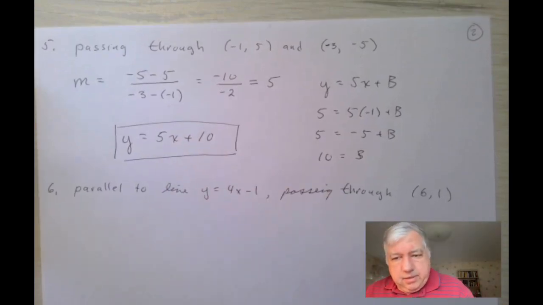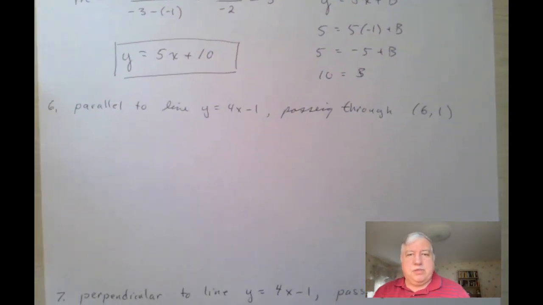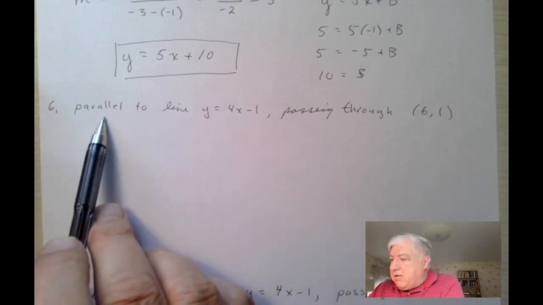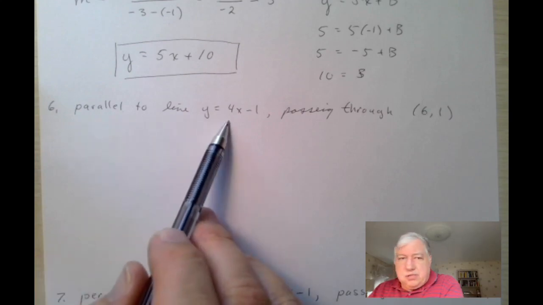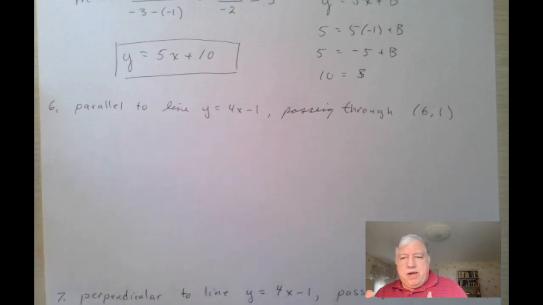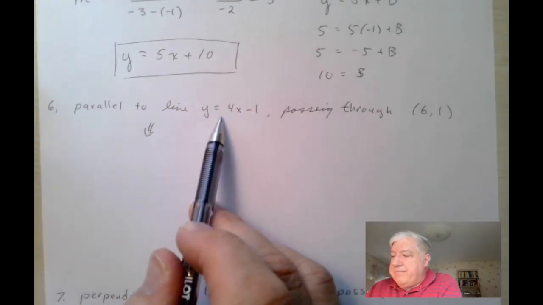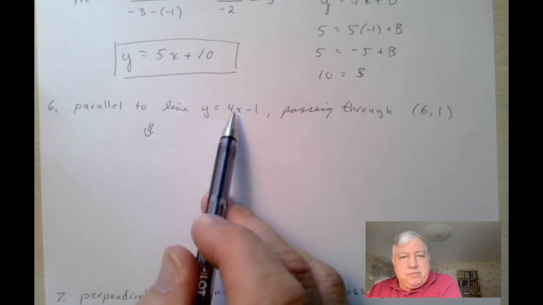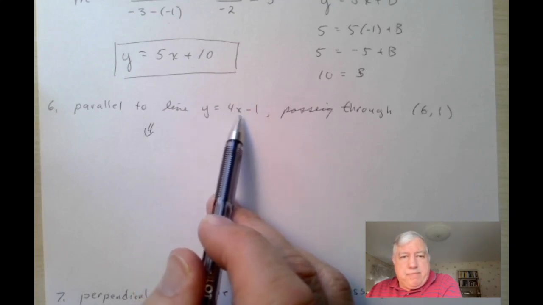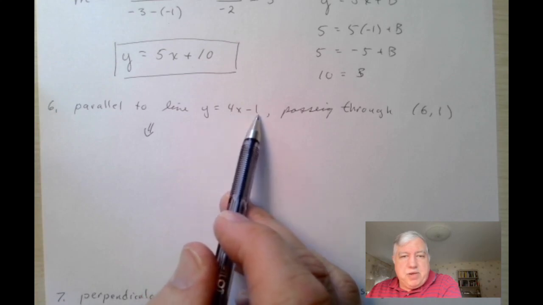All right. Now the last two examples have to do with parallel lines and perpendicular lines. And remember, in this first example, at first it doesn't seem like they give us a slope. They only give us 1 point, but in fact they are giving us a slope. They say this line is parallel to this line, and parallel lines, remember, have the same slope. So this means that their slope is going to be the same slope as this one, and this is in y equals mx plus b, where m is 4 and b is -1.